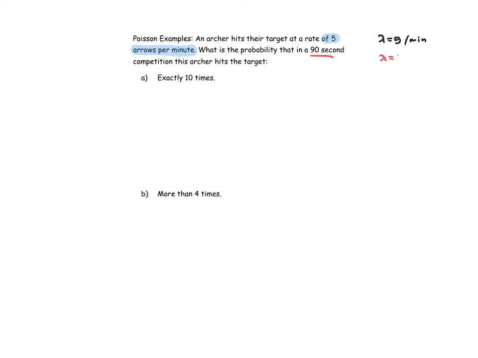Okay, we're going to translate that lambda value to match a 90-second interval instead of a minute interval. So lambda, we're actually going to say is 7.5 targets per 90 seconds. Okay, so we're going to define a variable x, which will be Poisson with a lambda value of 7.5. And this is to be the number of targets, actually I should say hit, in a 90-second interval.